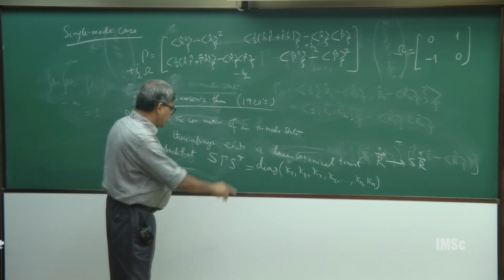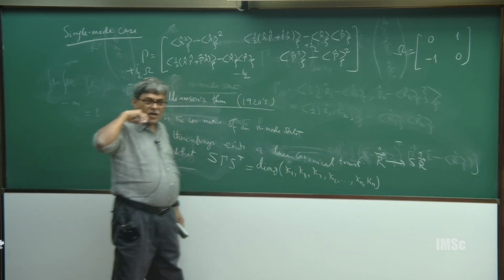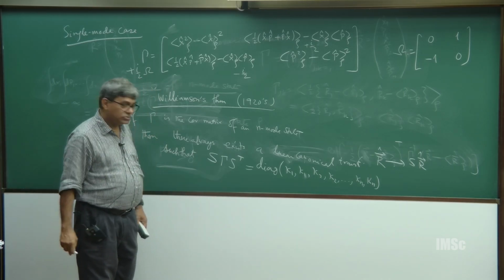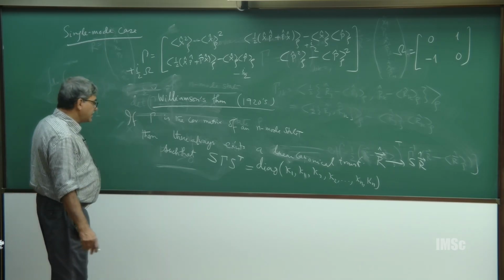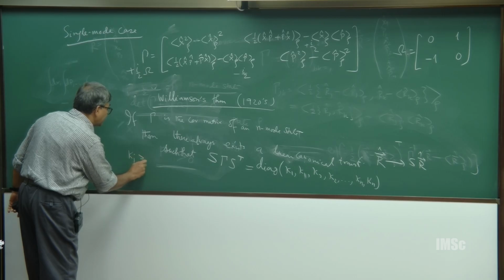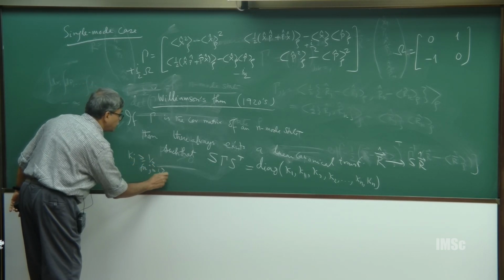You may think that this is k, this is kappa. And all these will satisfy that kappa j is greater than or equal to half, for j equal to 1, 2, 3 up to n.